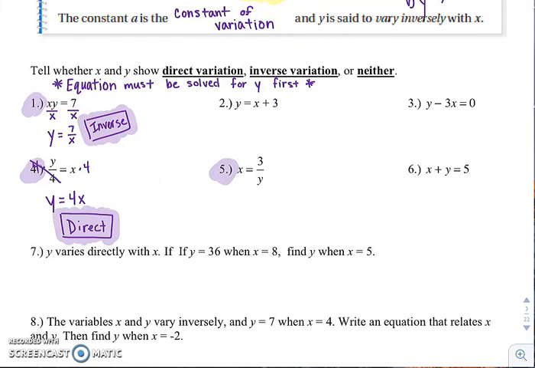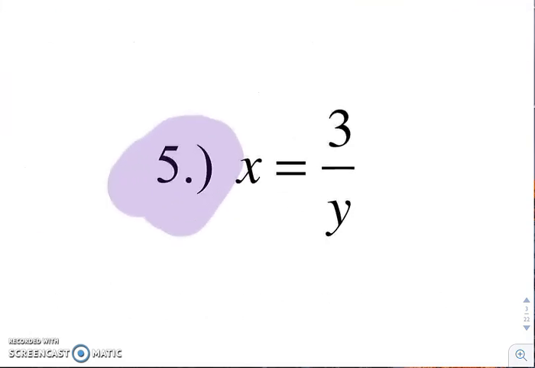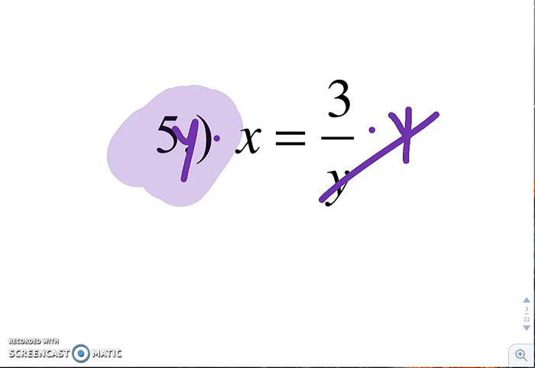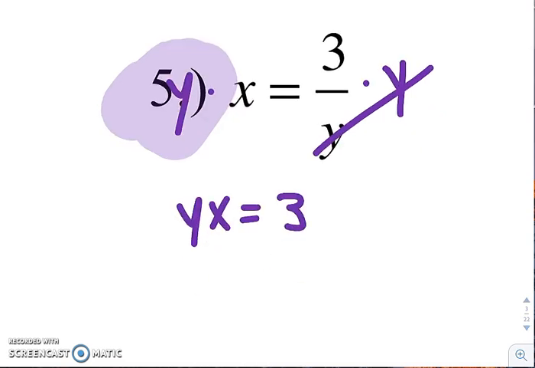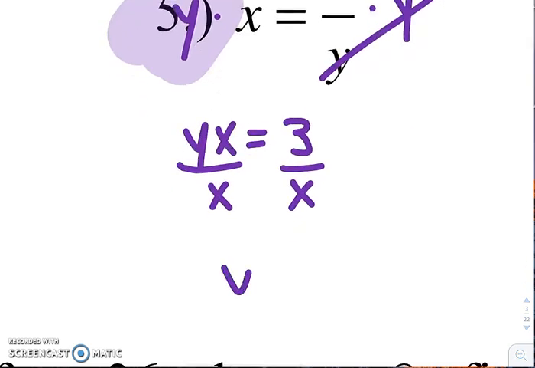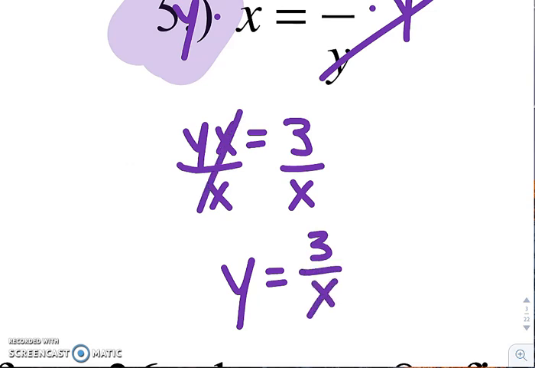So let's do one more. So number 5, I'm going to multiply by y. Seems a little silly because we're trying to get rid of y. But for right now, that will give us yx equals just 3. And then we can divide both sides by x to get y equals 3 over x.